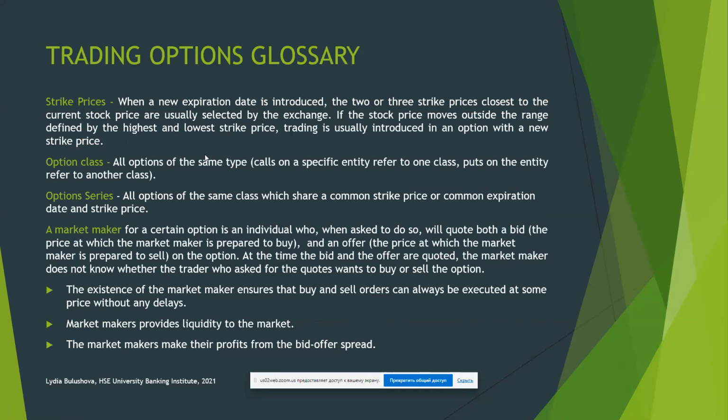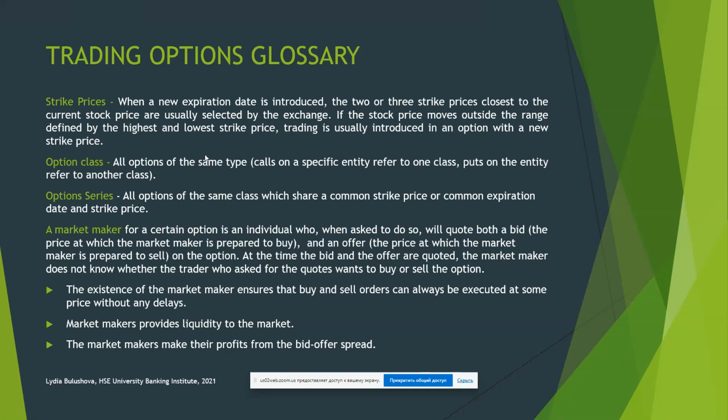So a very brief glossary of the mechanics of exchange traded options. First, strike prices. How do we get different strike prices? Is it possible to sell or to buy an option with any strike price? Well, in fact, it is not possible to purchase an option with absolutely any price.